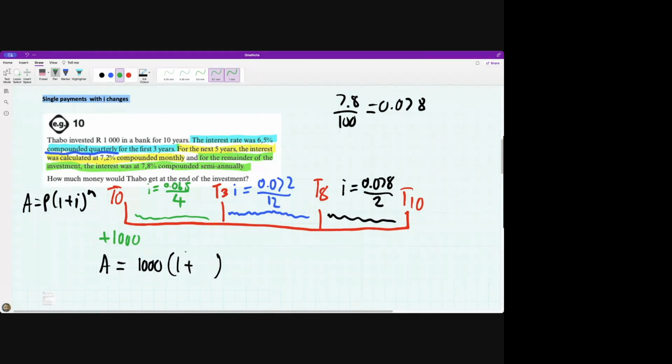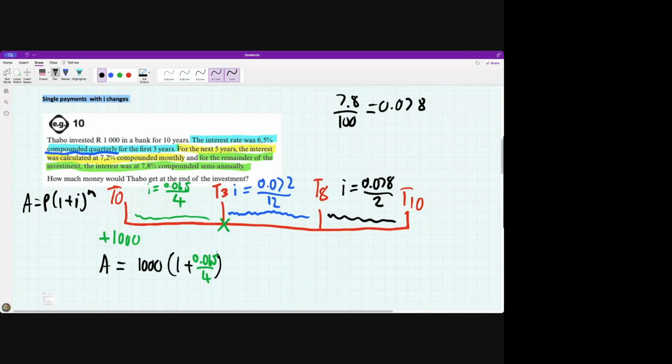I'm going to choose to put the interest rate 0.065 divided by 4. Give me a thumbs up if you understand why I'm choosing to put the green interest rate for this first period on the timeline. Because I wanted to grow from here all the way to there with that interest rate.